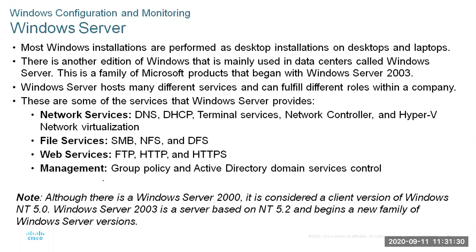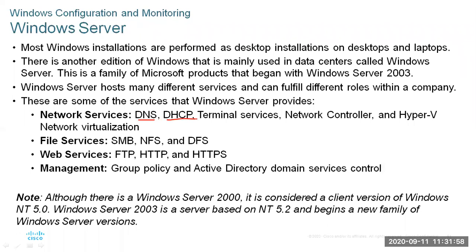Windows Server hosts many different services and can fulfill different roles within a company. These are some of the services that the server can provide. So it's like another Windows operating system, but it can provide server services like DNS. You can enable DNS on it.